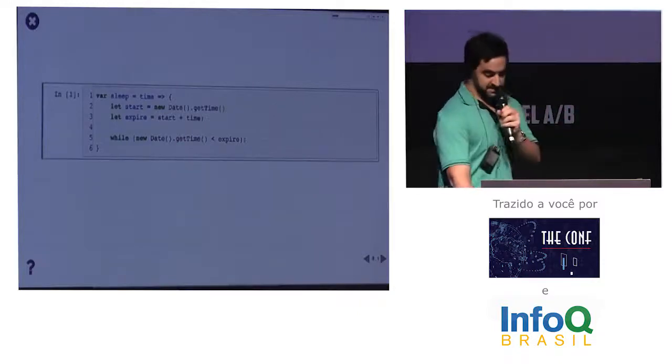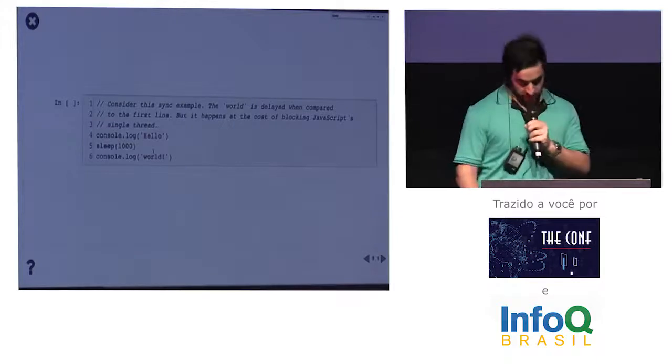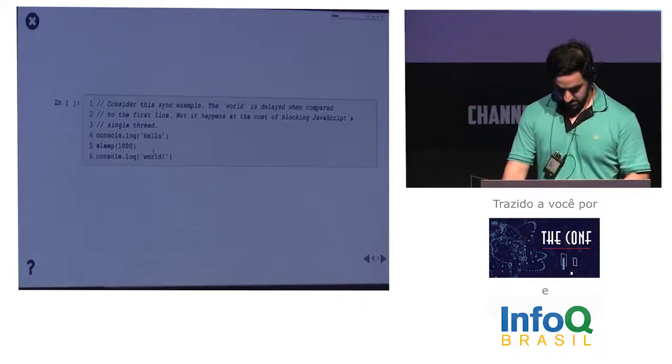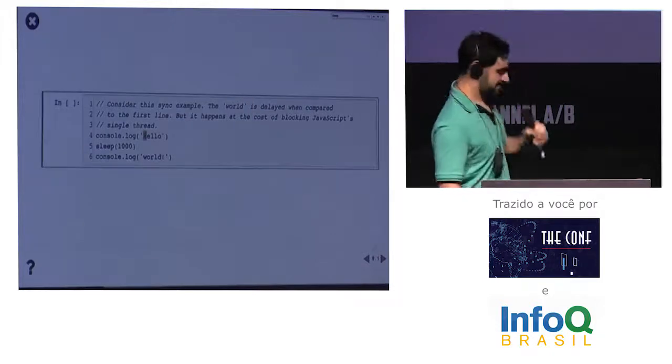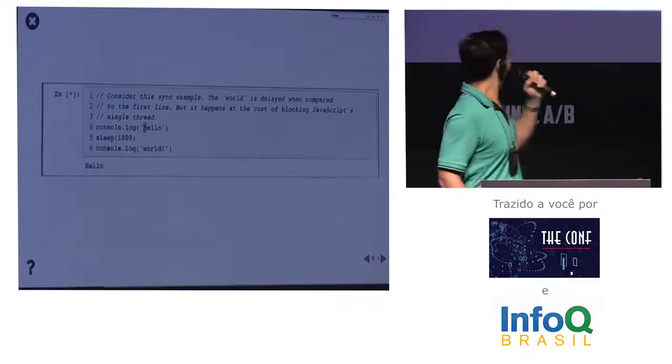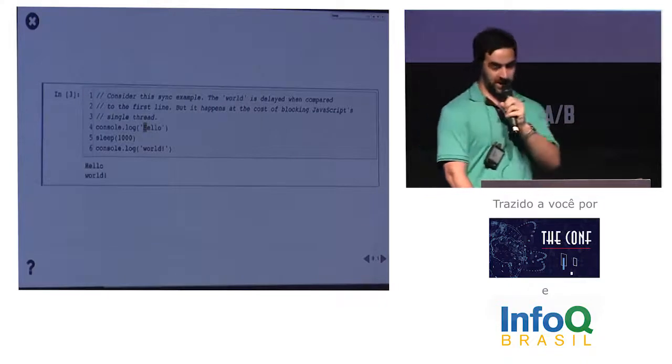So I define this sleep function. And here I am using hello world, then hello, then sleep, then world. If I execute this, I do get hello, then world, right?